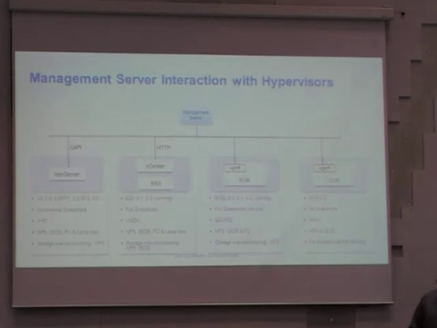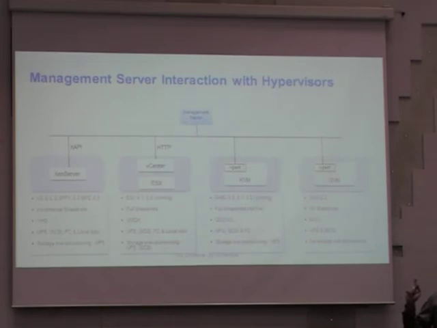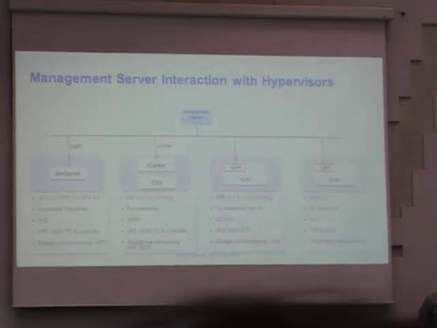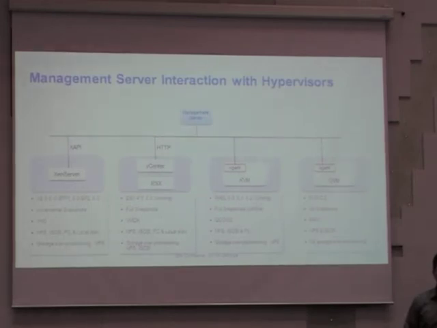In terms of KVM that we support today, the difference is that KVM itself is not offering any type of remote API. It does offer libvirt. And so what we do is you have to install on each KVM host a Java agent that we've built. That itself will communicate via our own CloudStack proprietary protocol between the management server and the agent. The agent itself will communicate with KVM via libvirt.